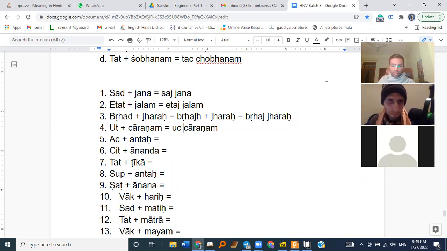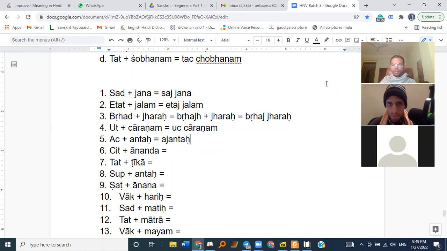So you need not worry for the time being whether there should be a space or not between the words. So you can just skip that part.